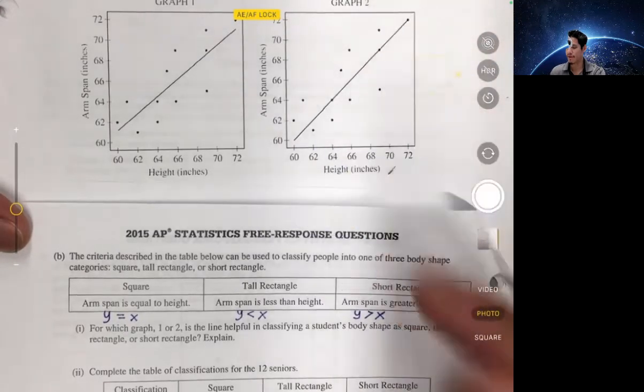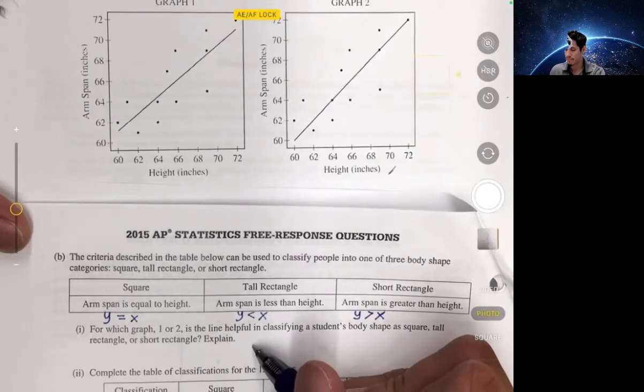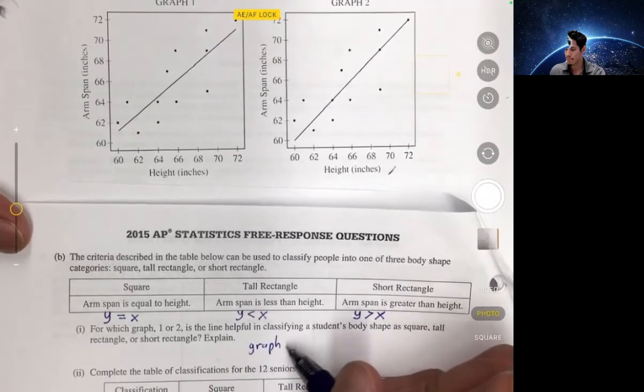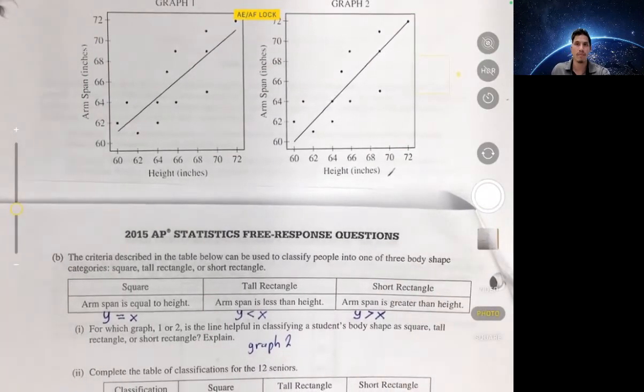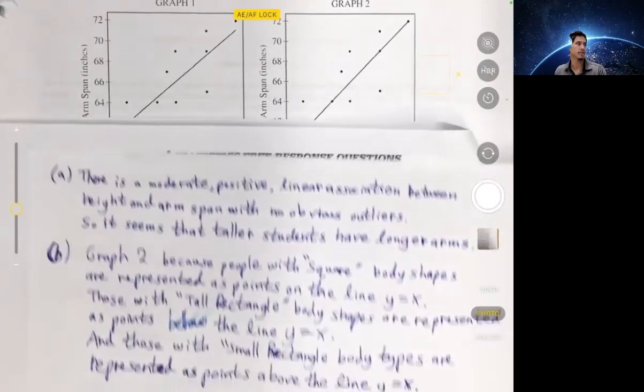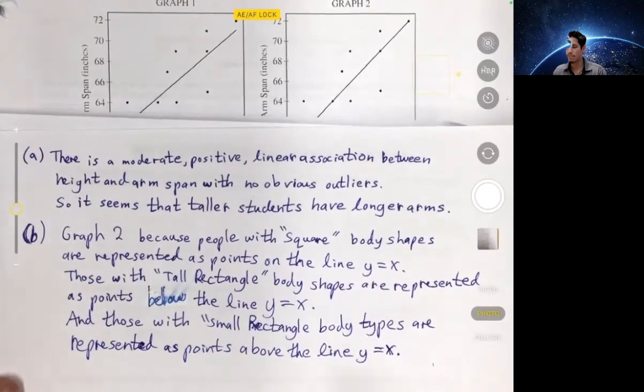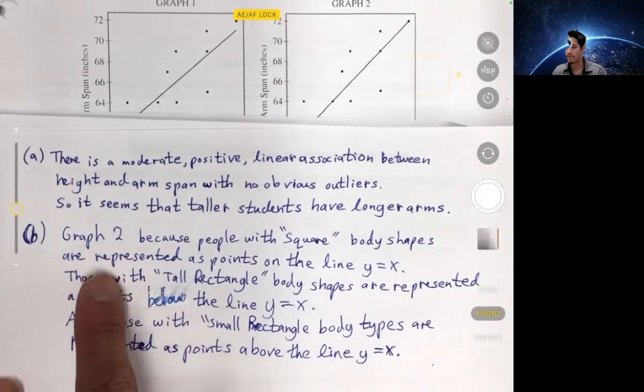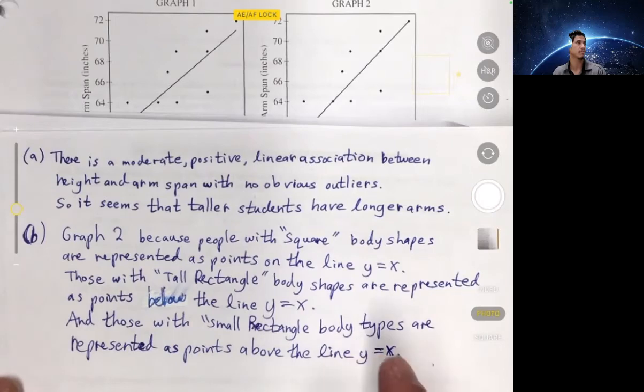So graph 2 will be better. All right, so here's what an explanation to part B could be. It probably doesn't have to be this long, but this basically sums it up.